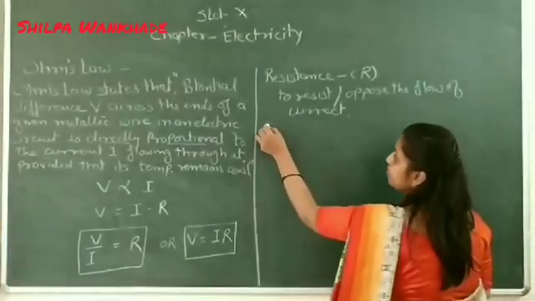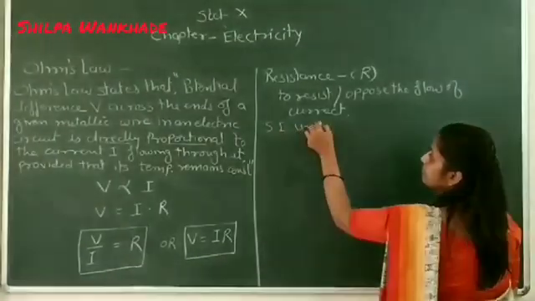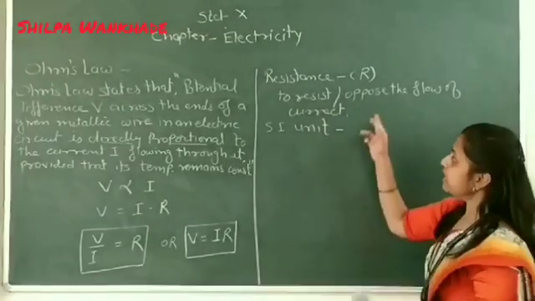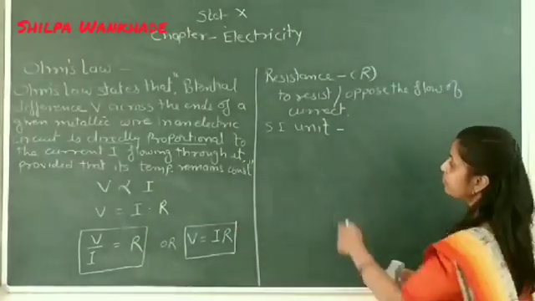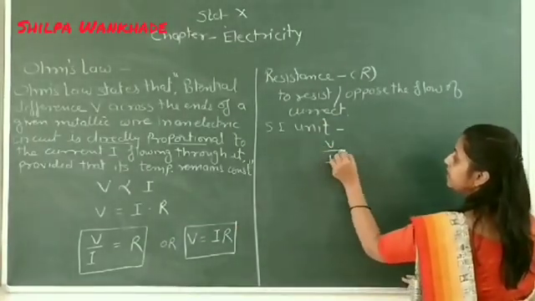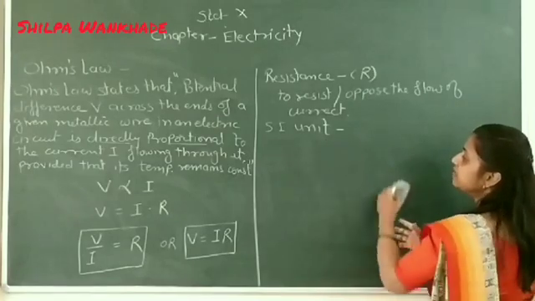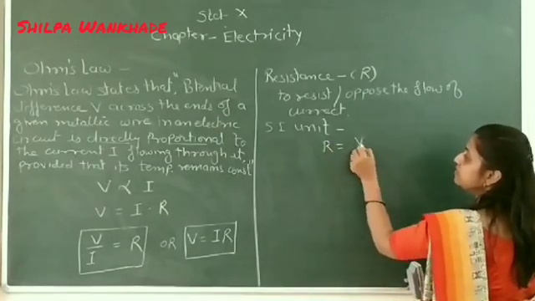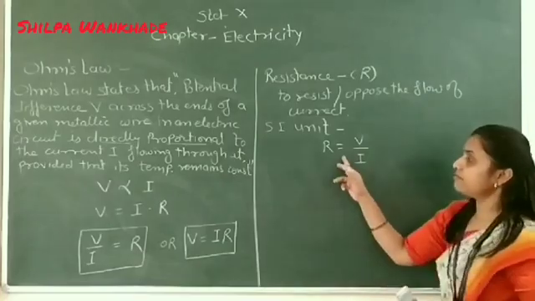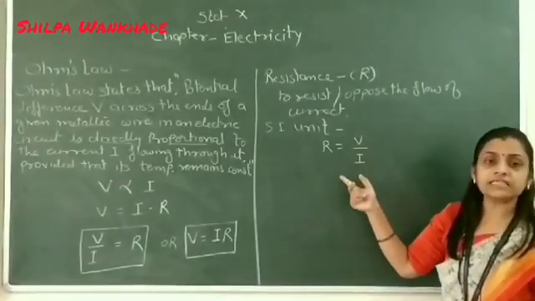Now what is its SI unit? We can find out the SI unit from the formula, that is V by I is equal to R, or we can say the formula for resistance is V by I. And from this formula we can derive its SI unit.